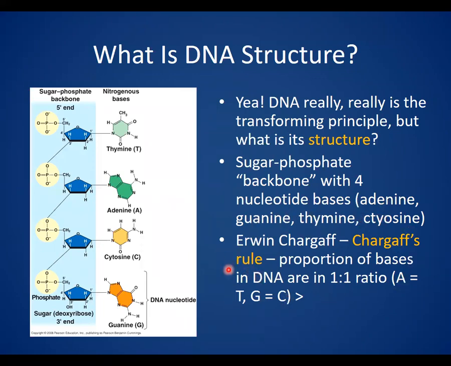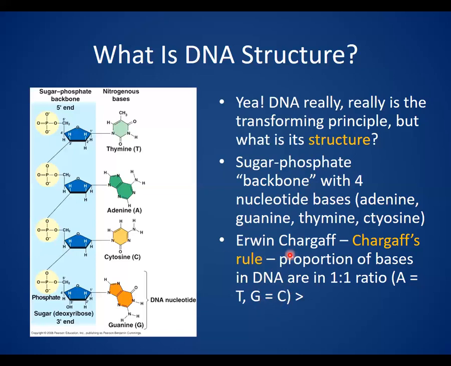And one thing he found that was very interesting was that no matter what source of DNA he looked at, the proportion of the two bases was always in a 1-to-1 ratio. That is, however much A, adenine, was in the DNA, there was exactly that same amount of thymine, or T. And however much G, or guanine, was in the DNA, there was exactly the same amount of C, or cytosine.